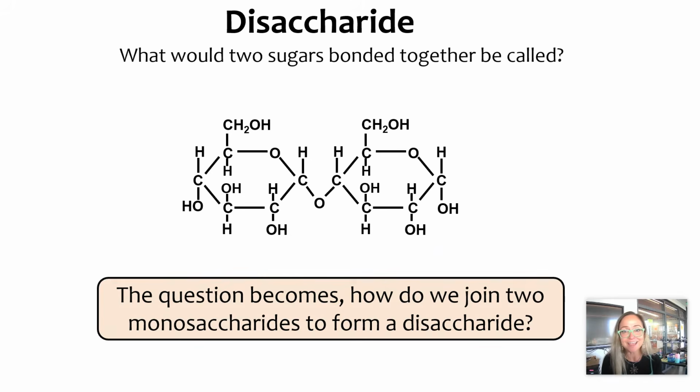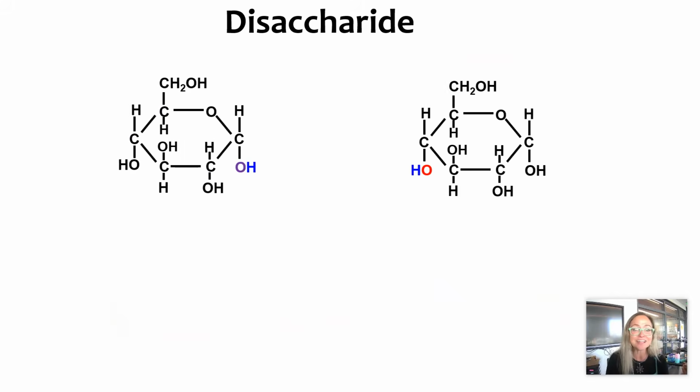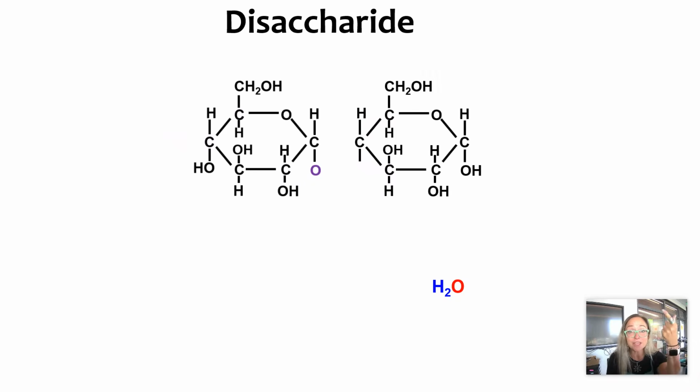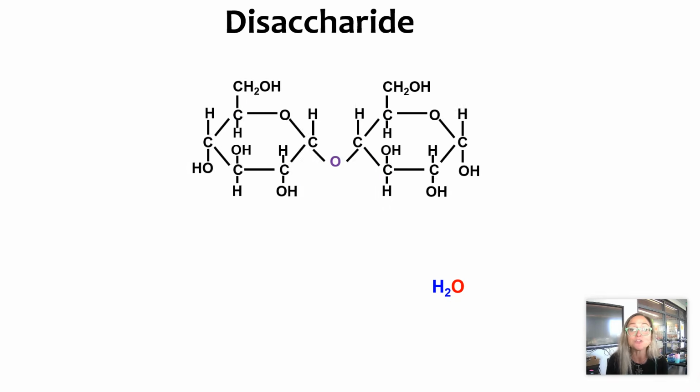That's the question. So we take two monosaccharides. In this case, I have two glucose monomers, two glucose monosaccharides. And in order to covalently bond them together, I'm going to remove a hydrogen from one and an OH from another. Now that's going to form water. So in order to build or synthesize a covalent bond between two monosaccharides, we remove a water in the process.